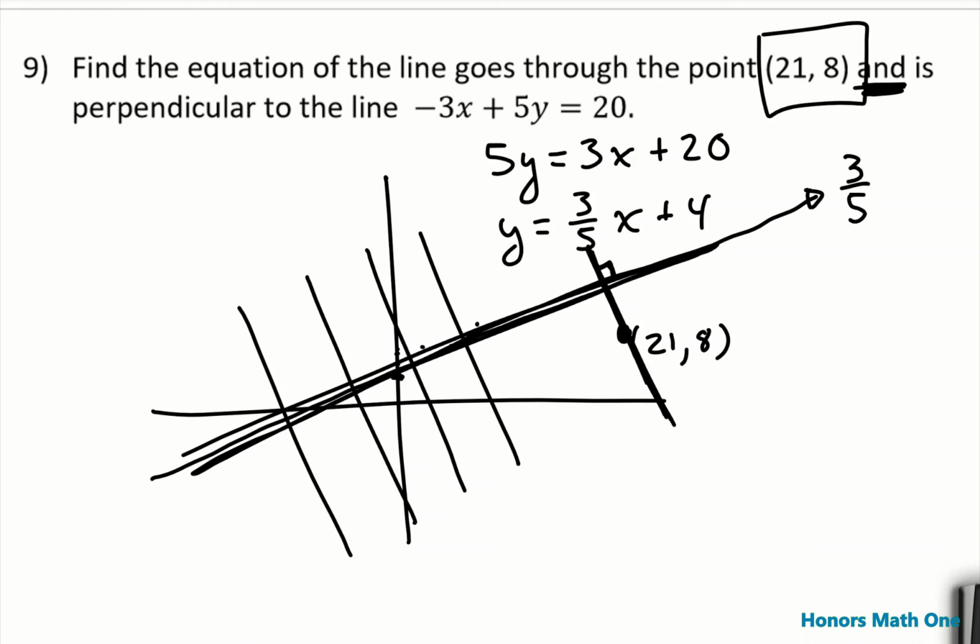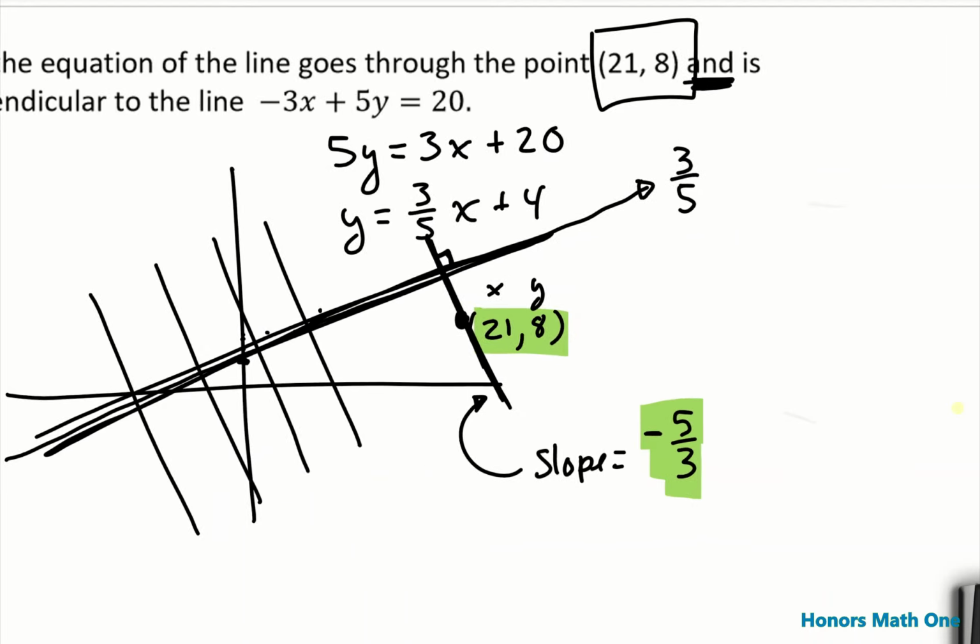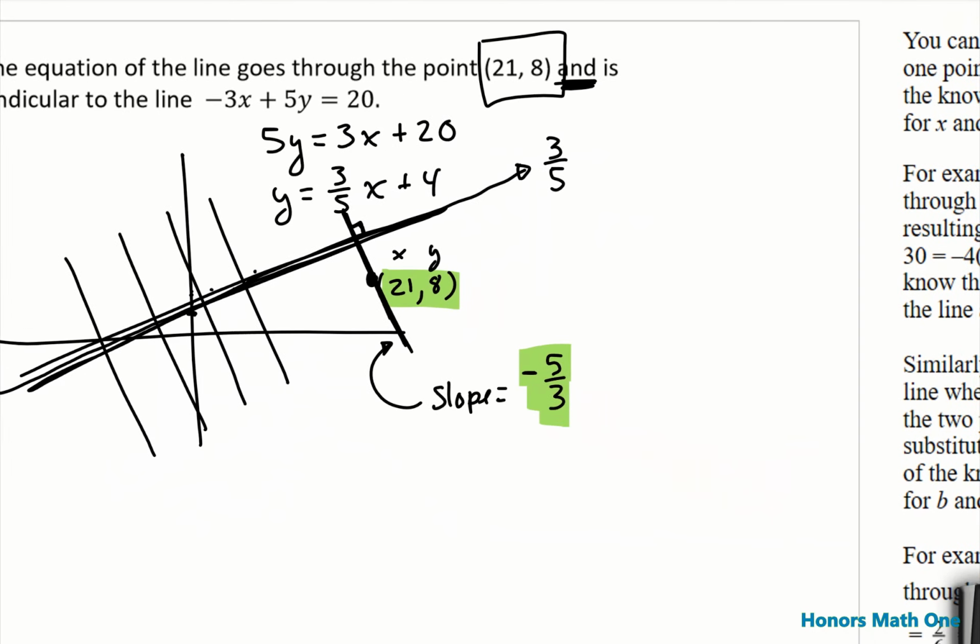So that means the slope of the line that we're looking for, right, this line would have to have a slope that equals negative 5/3. So it's decreasing. And I think we have all the pieces we need, right? So the two things are we know the slope of the line and we know that it goes through this point, which is fabulous because that point contains both an x value and a y value. So I think now we can find the equation of the line that we want, right?